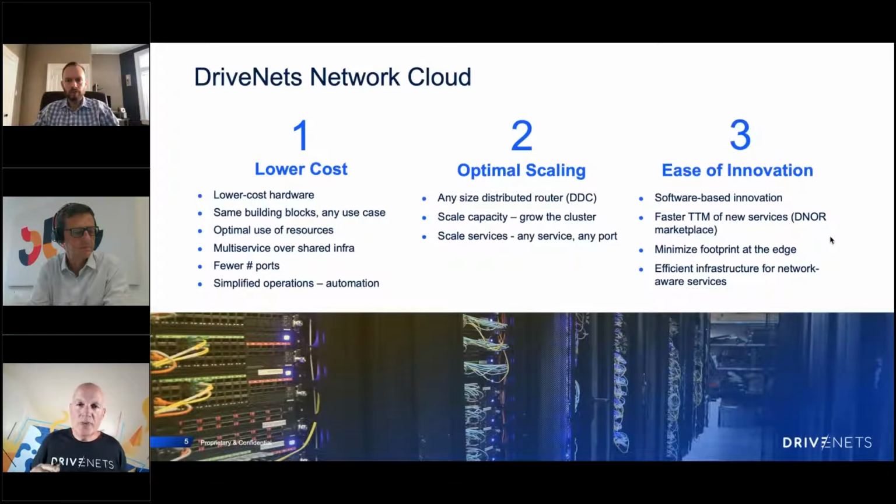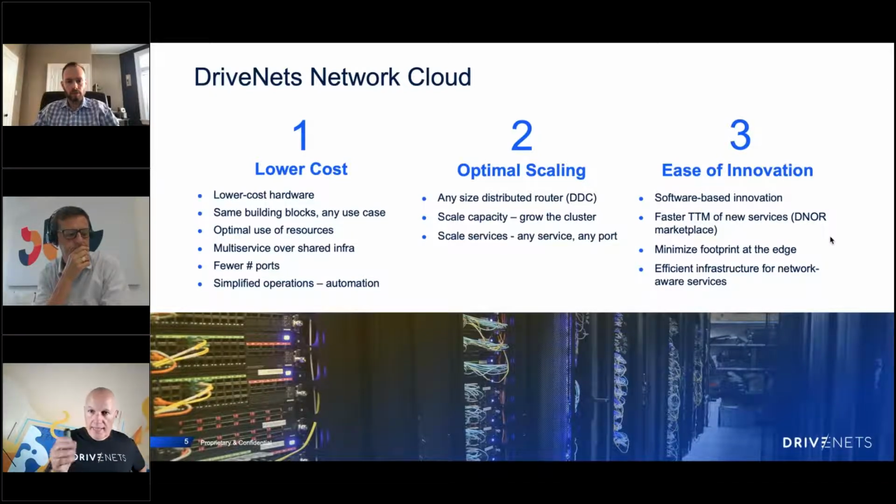So basically, you can build any size and any type of network site from basic building blocks, and you can upgrade and scale your network only in the plane you need to. You can scale your port forwarding, you can scale your packet forwarding, you can scale your fabric, you can scale your control plane separately from each other, and this gives you optimal scaling.